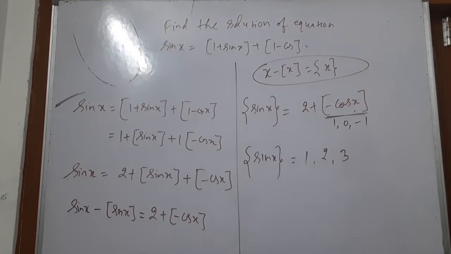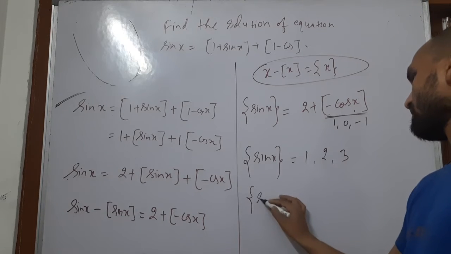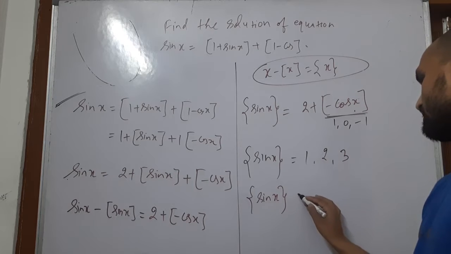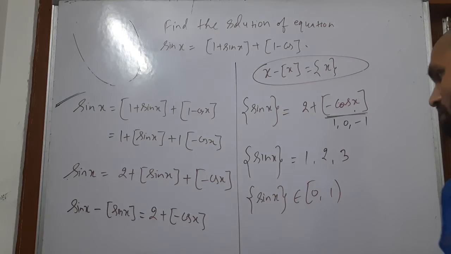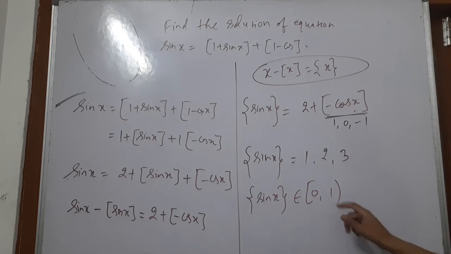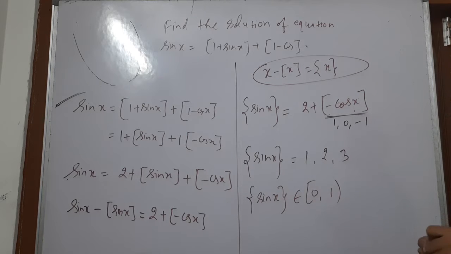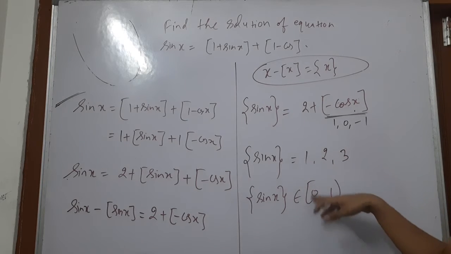Is it possible? It is never possible, because we know that the fractional part of sin x belongs to closed 0 to open 1. It is never 1, but on the basis of this result it is 1, 2 or 3, which are beyond this actual range.